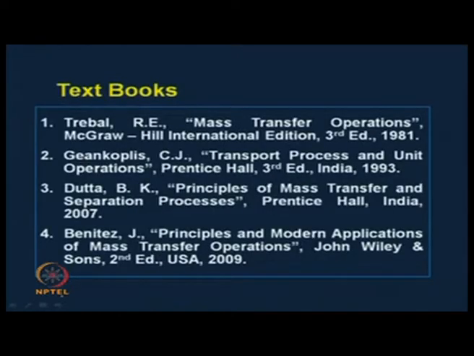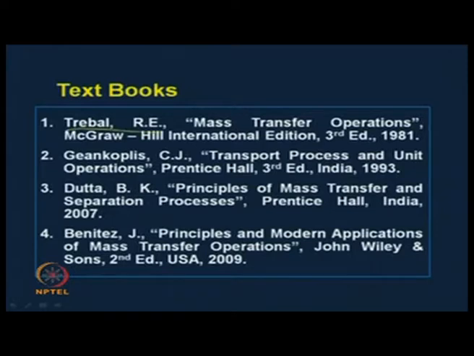There are certain textbooks which we will follow. Treybal RE, which is a very important book for basic mass transfer operations. The title is Mass Transfer Operations, McGraw-Hill International Edition, 3rd edition, 1981. Second one is Geankoplis CJ, Transport Processes and Unit Operations, Prentice Hall Publications, 1993.